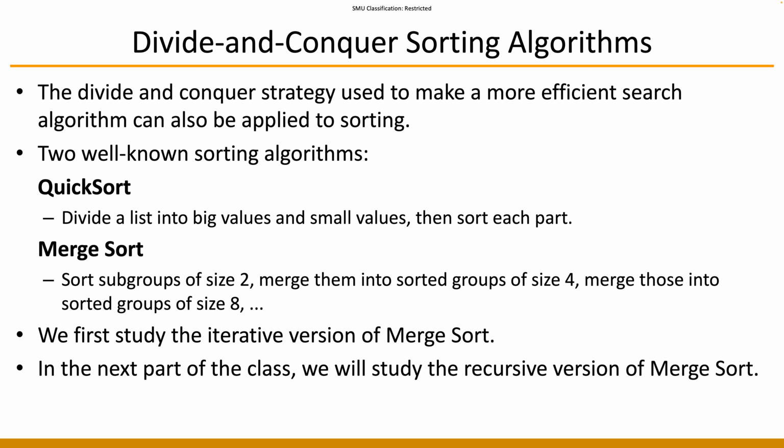We'll look first at the iterative version of merge sort. And next week, when we introduce recursion as one way to supplement our algorithm design, we will see how the same idea can be applied in turning merge sort into a recursive function.